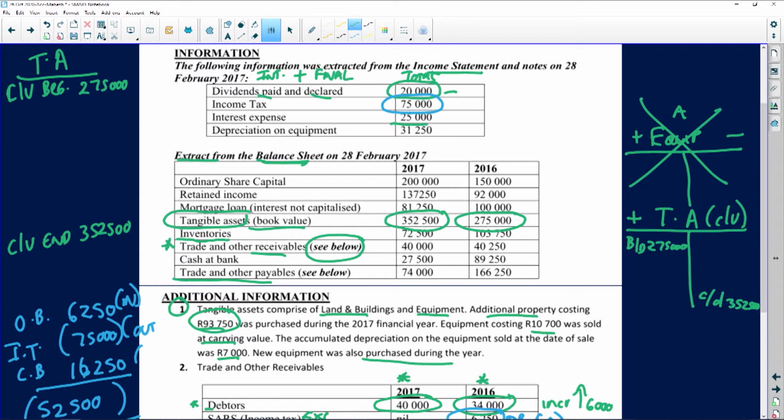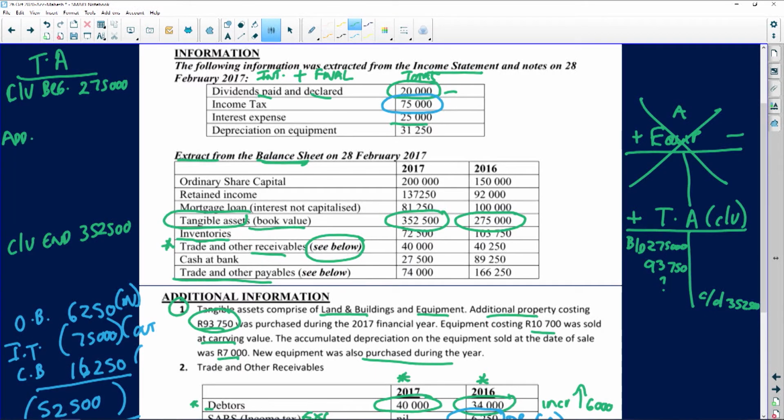So if we look at our additions, we did buy additional land and buildings for an amount of 93,750. So that was our land and buildings. But as far as equipment is concerned, we don't know what the value is. So obviously that is an unknown figure. We don't know how much of new equipment we purchased. So remember, here under additions, you would obviously have your land and buildings, 93,750. Equipment, I'm just going to put that question mark because that's what we're trying to calculate.